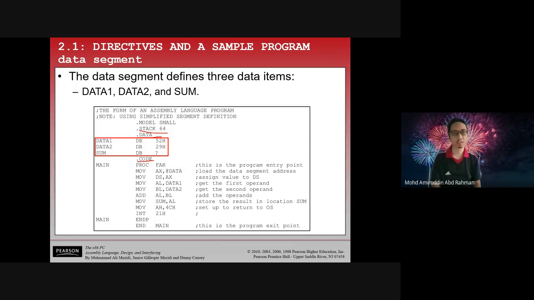And the stack is where we keep each of the instructions one by one, stacking them like a ladder. So that's the purpose of having those segment registers within the assembly language program.